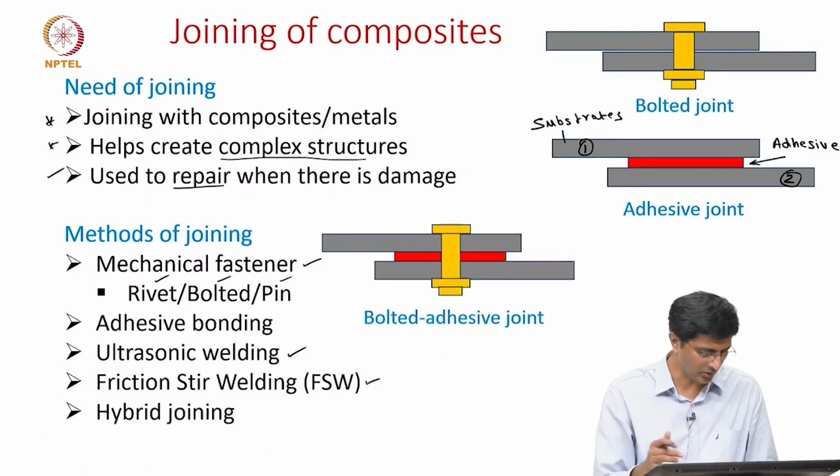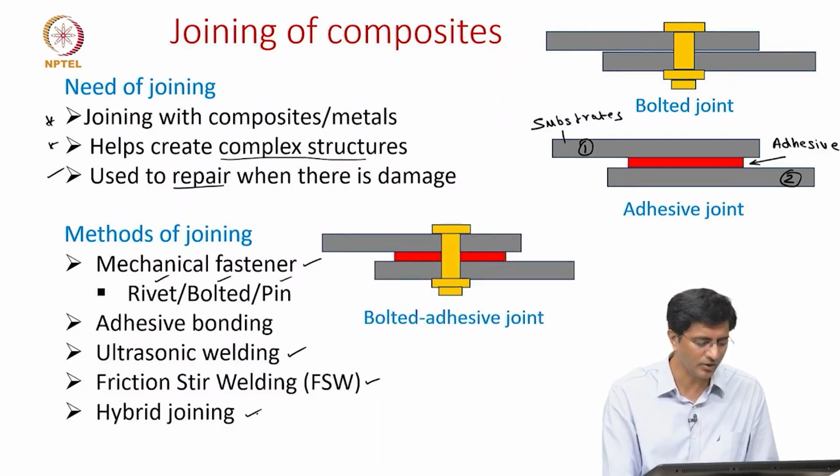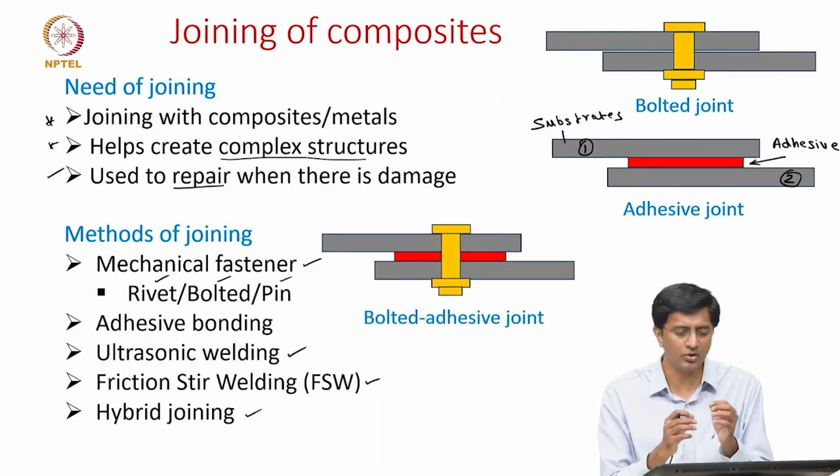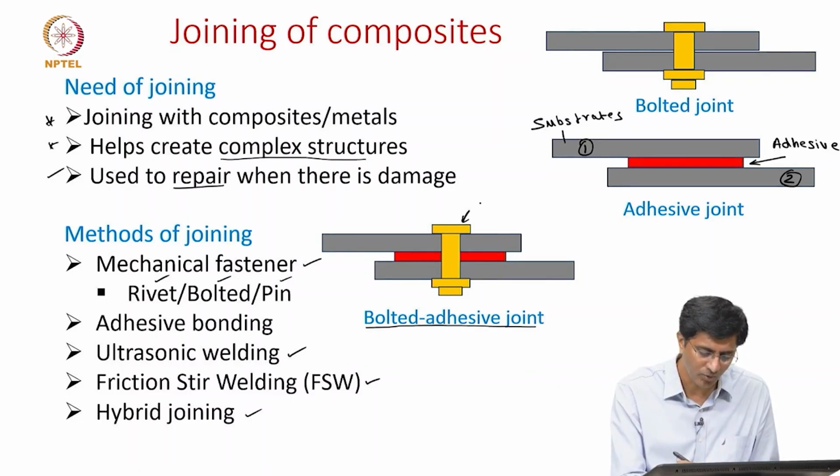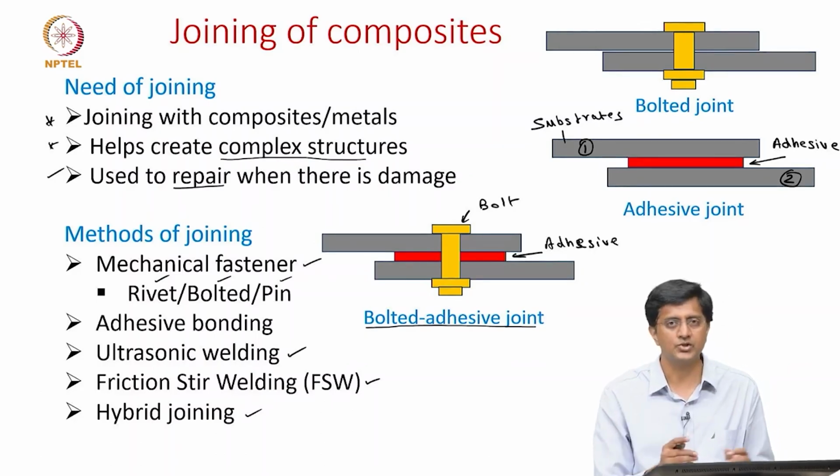And lastly, there is also what is called hybrid joining, where instead of relying solely on one particular joining method, you mix two methods. So for example, here is a bolted adhesive joint where we have a bolt here as well as the adhesive here to achieve the joint.